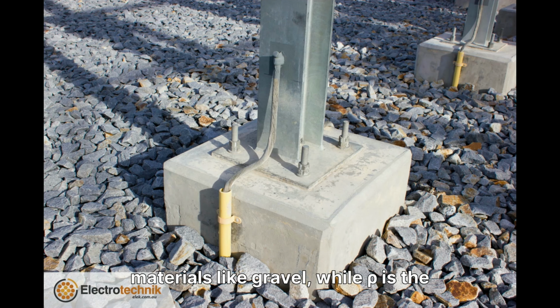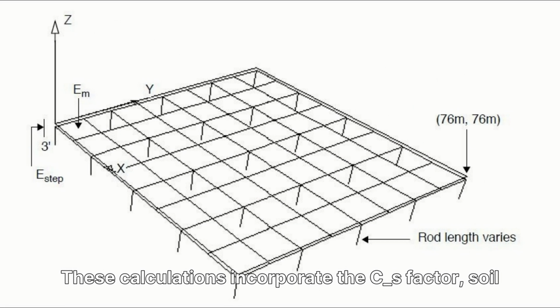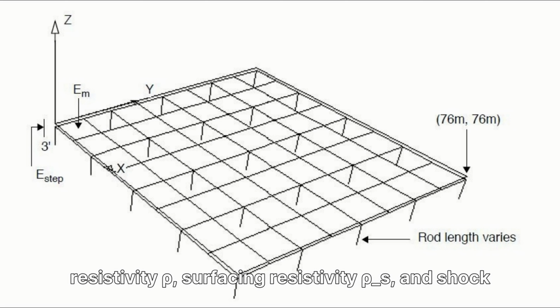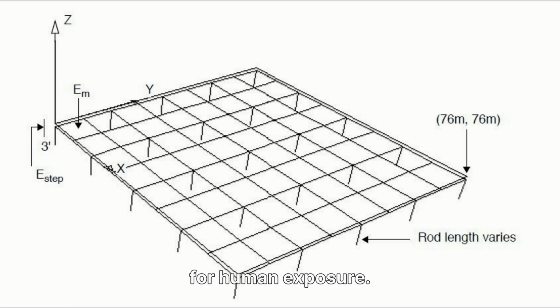Now, let's calculate the tolerable step voltage, critical for safety limits. These calculations incorporate the C_S factor, soil resistivity ρ, surfacing resistivity ρ_S, and shock duration T_S to determine safe voltage limits for human exposure.